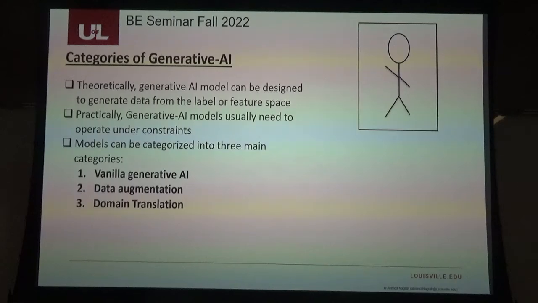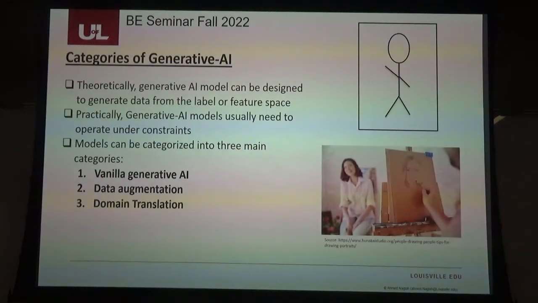What is realistic and can be applied is another type of generative AI in which we need to have a reference. The model needs to have a specific reference to rely on, and also a complete set of constraints to work on.